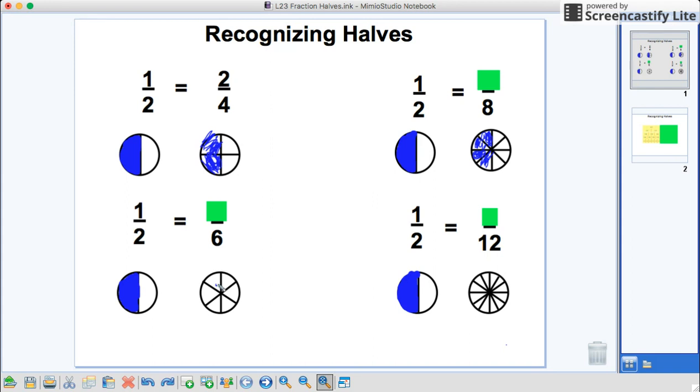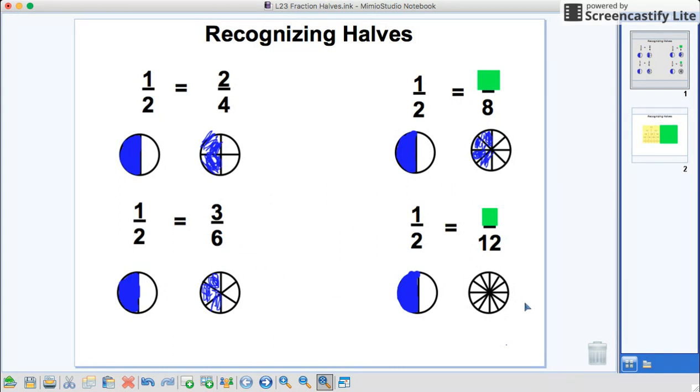Welcome back. You should have colored 1, 2, 3 pie pieces, which would give you 3/6. So 1/2 also equals 3/6.